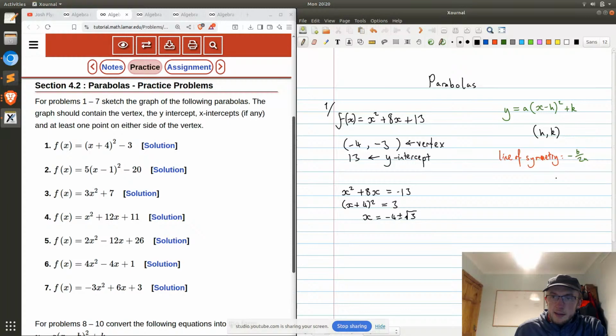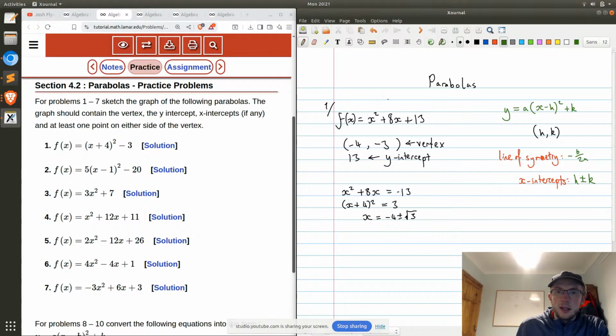Okay, so it's h plus or minus root k, it appears. Or so I think.